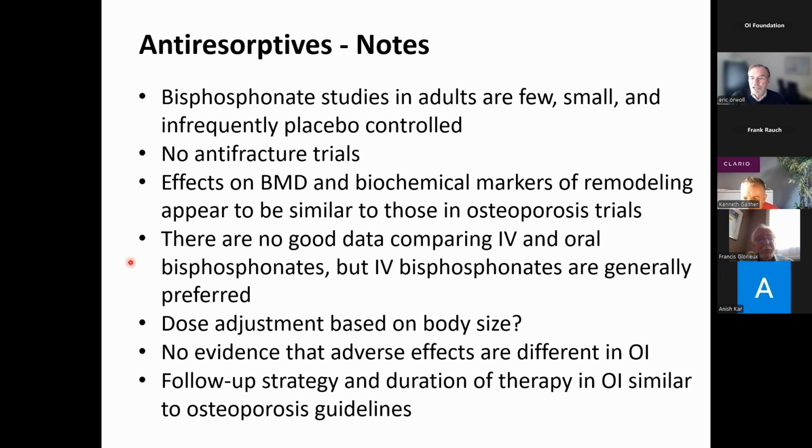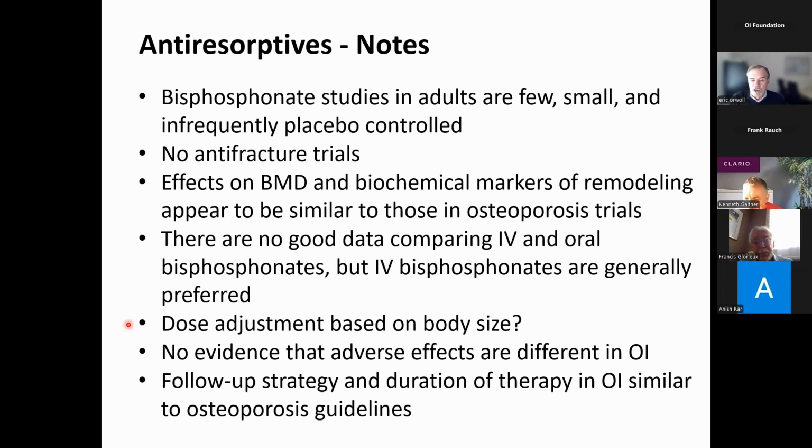We don't have any good data comparing IV bisphosphonates like Reclast or zoledronate and the oral bisphosphonates like alendronate or Fosamax. But most practitioners, I think, prefer IV bisphosphonates because they're more potent, they last longer, and they're more convenient. We don't know if there needs to be a dose adjustment based on body size.